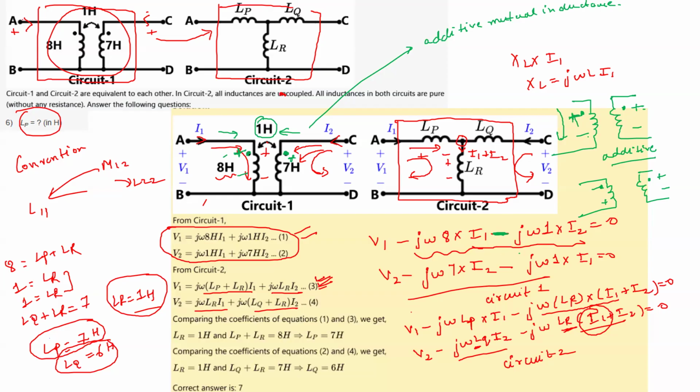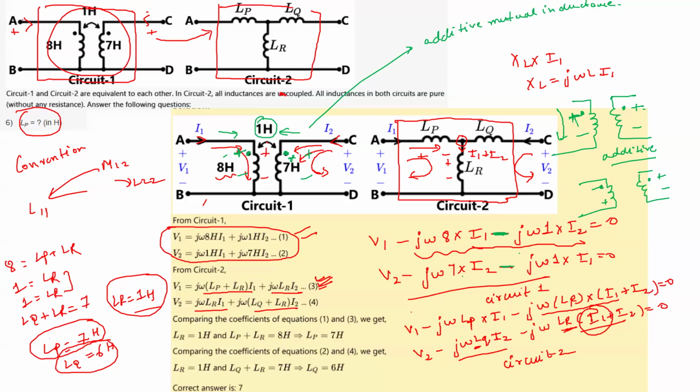For similar logic, if we are writing the KVL here also, it is V2 minus I2 j omega L, because here it is dropping like this, plus here, minus here, so the potential is dropping in the direction of current. So minus j omega L into I2, minus, but why is this minus?